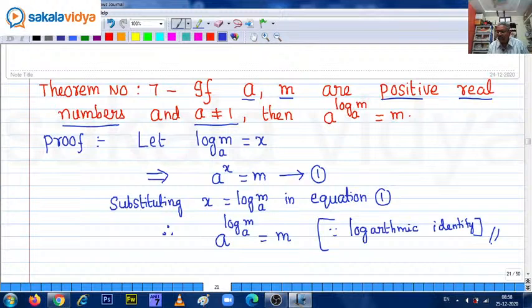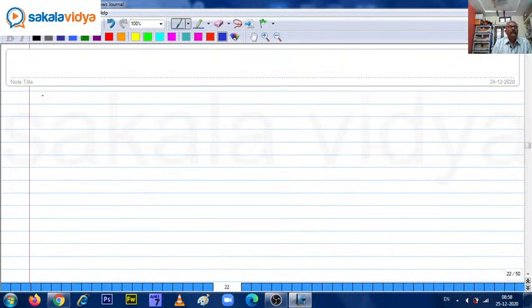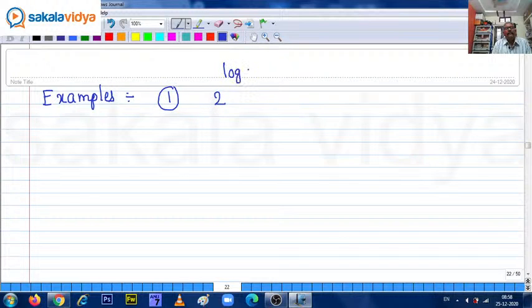Okay, let us do some problems now. Logarithmic identity examples. First example, 2 to the power of log 5 to the base 2. You can write 5. Now 3 to the power of log 20 to the base 3 is 20.